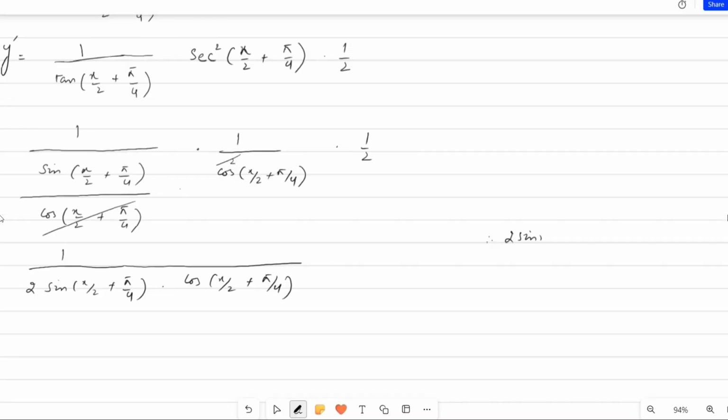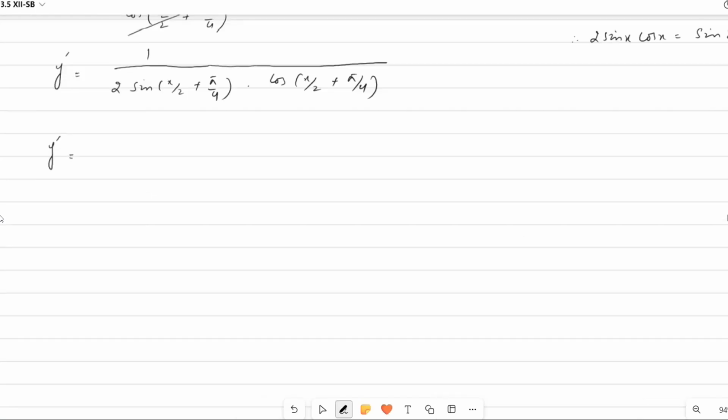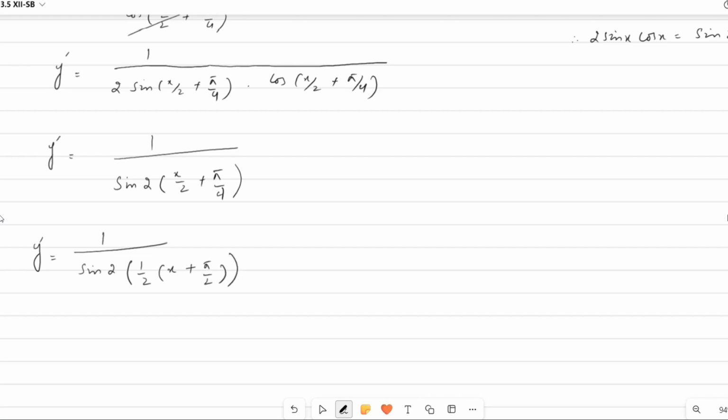We know that 2 sine x into cos x is equal to sine 2x. So we can apply this formula. Sine 2 in the place of x, it is there x by 2 plus pi by 4. We can take 1 upon 2 common from both of these, 1 upon 2 times x plus pi by 2. Fine.